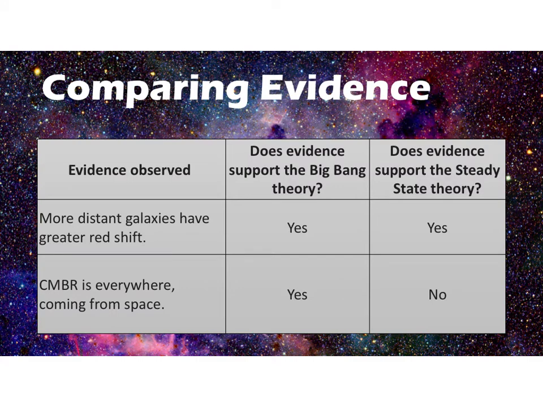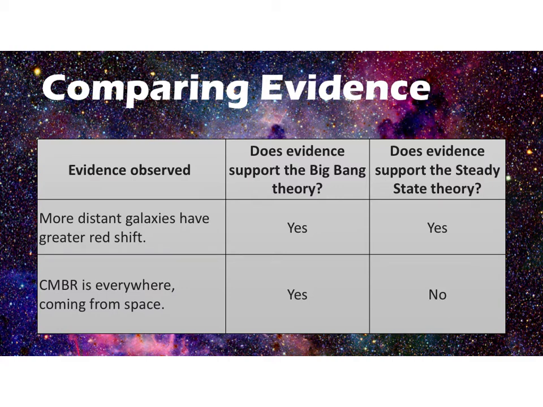So here's a table to show the comparison in the evidence. So for the Big Bang theory, the evidence observed is that more distant galaxies have greater redshift, and that CMBR is everywhere coming from space.